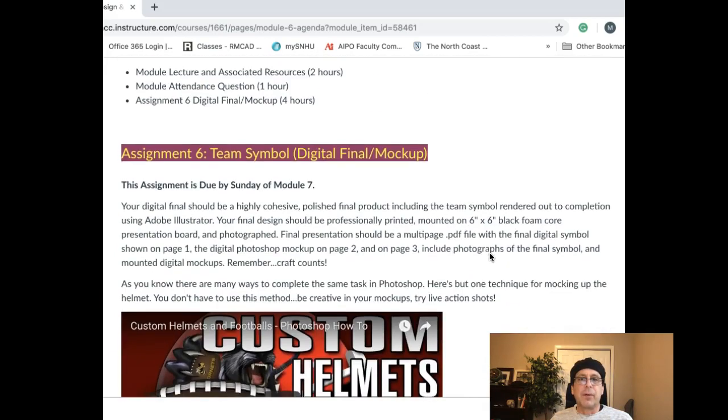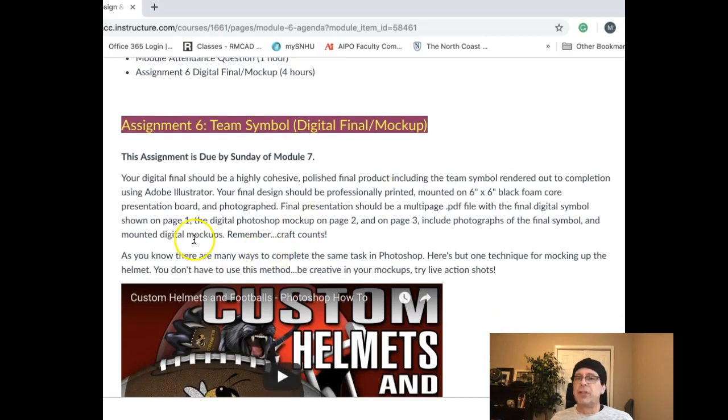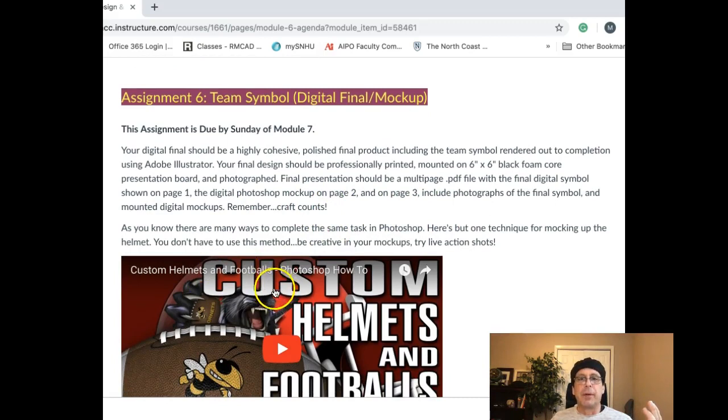presentation. Again, just to reiterate, we have a 3-page final presentation. It's a multi-page PDF. The final digital symbol, just the new logo for the team, is on page 1. The digital Photoshop mock-up is on page 2. That's where it's on a football helmet, or you know what I'm saying. It's mocked up on an actual image of a football helmet.